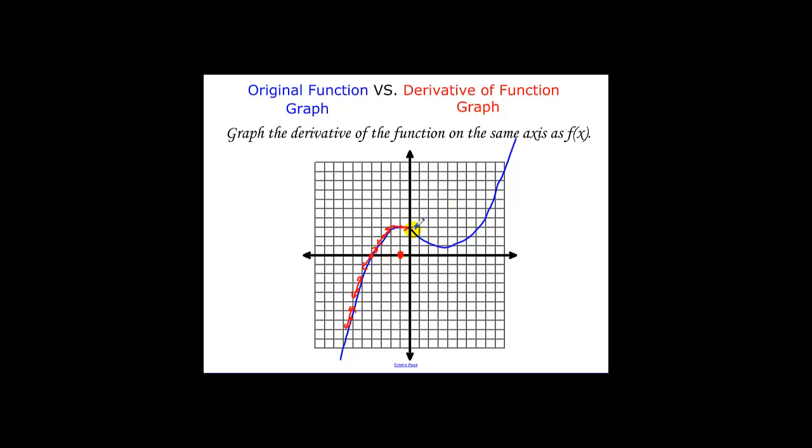Then I start decreasing, or my slopes are all negative until I get to approximately right here where again our slope is 0. So I'm going to put another 0 point down. So notice how I'm putting points down on the x-axis at approximately those x values where it looks like our graph is constant, or where our graph changes from increasing to decreasing, then decreasing back to increasing. Notice how what happens with all of our slopes here, of our tangent lines, are all positive.